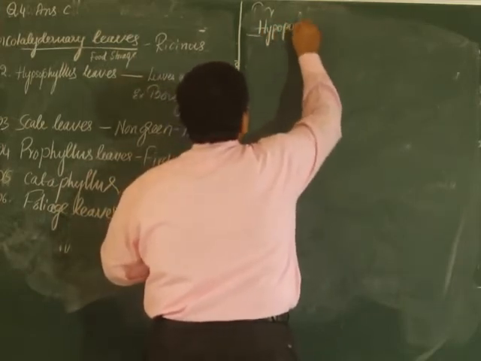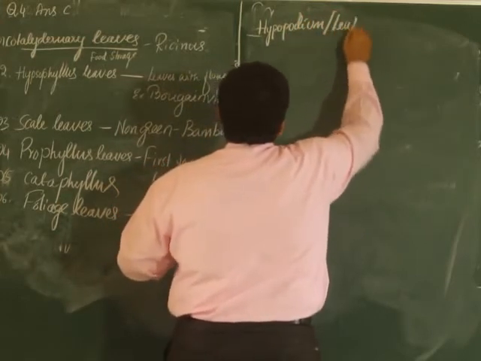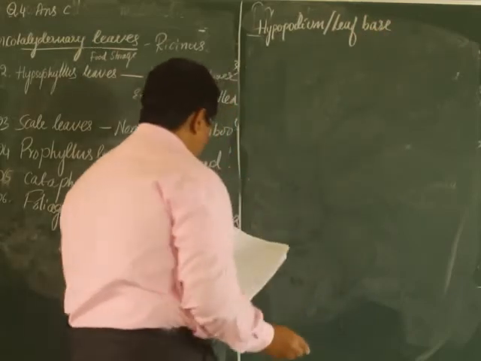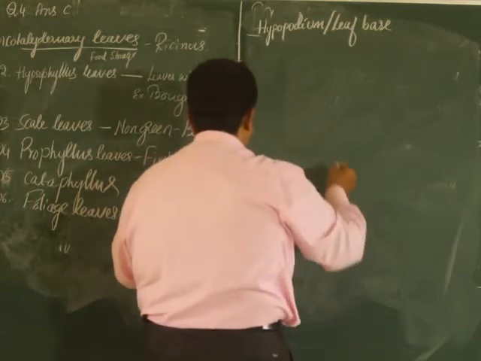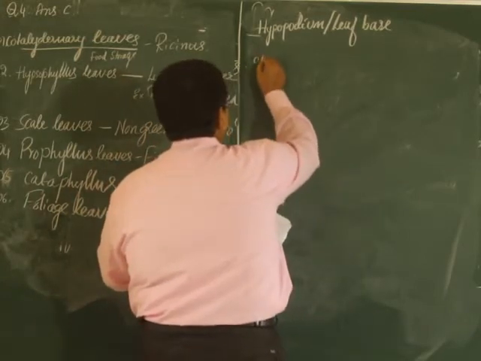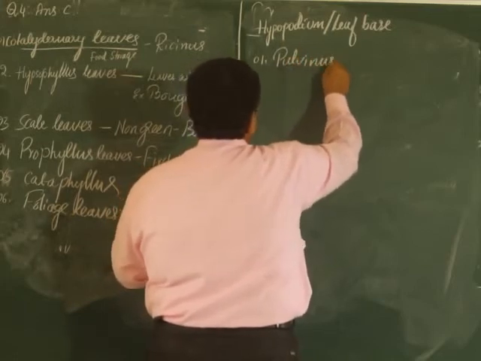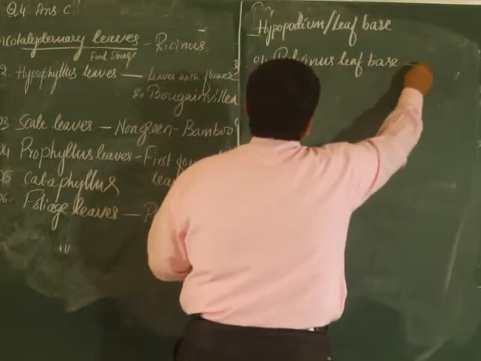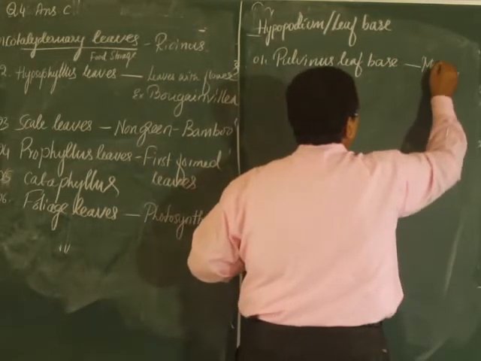Dear students, there are following different types. First one is pulvinous leaf base. It is found in mango and banyan tree.